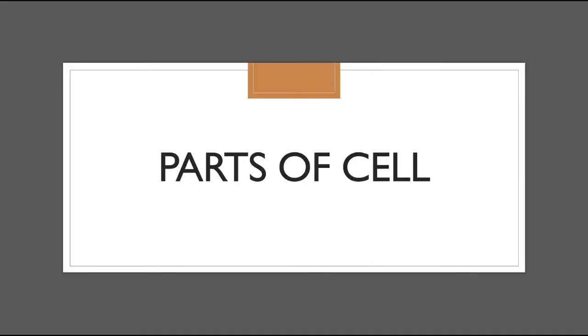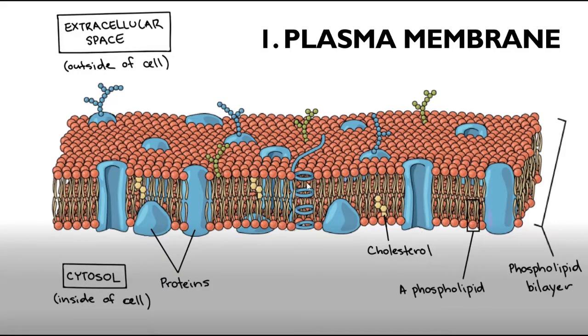Now coming to the parts of the cell. This is the first part of the cell which we'll discuss in a little bit of detail, and we call it the plasma membrane.